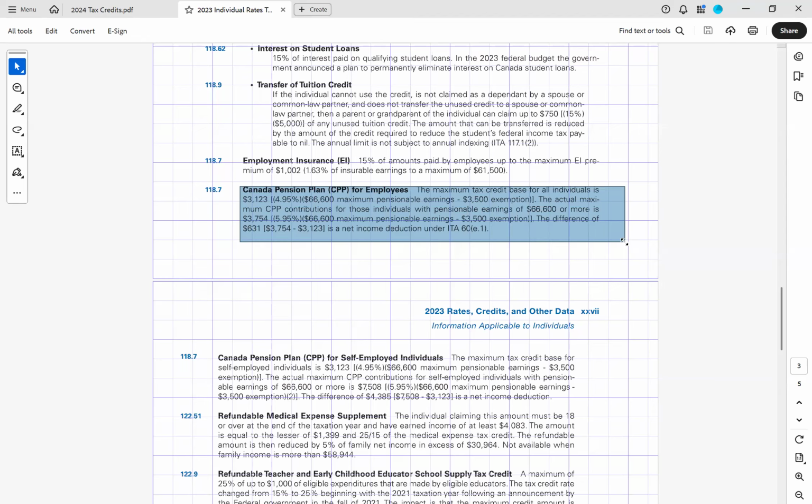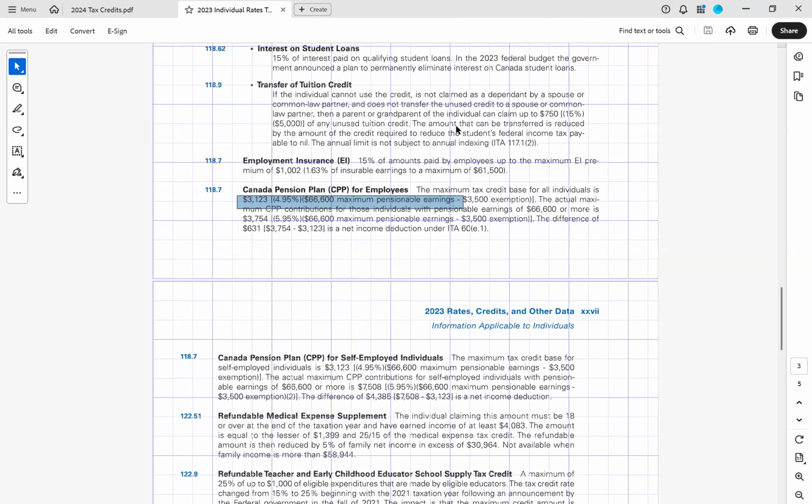The reason I'm showing this is that because his employment income was relatively high, he would have hit the maximum CPP. In the second row here, the maximum CPP is based on earnings of 66,600. So as long as he had 66,600 in employment income, he would have hit the maximum CPP for 2023, and therefore 631 would be a 3C deduction.